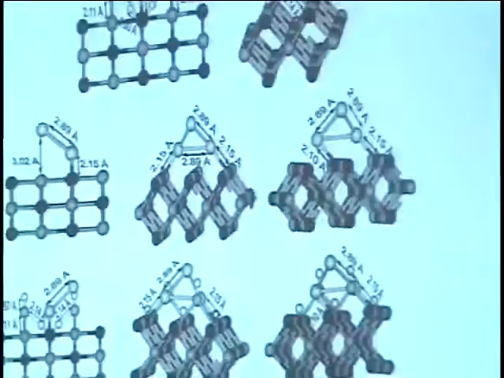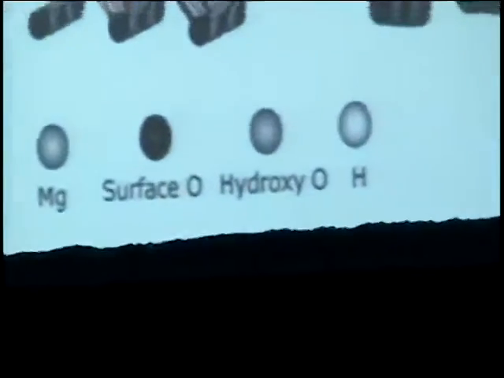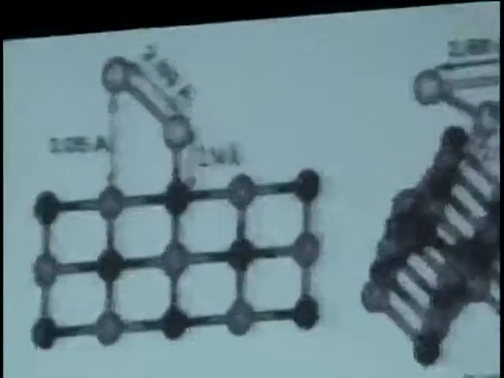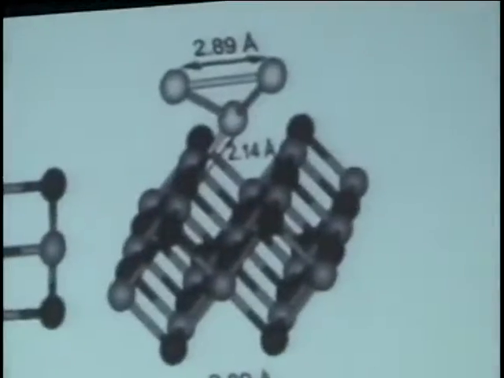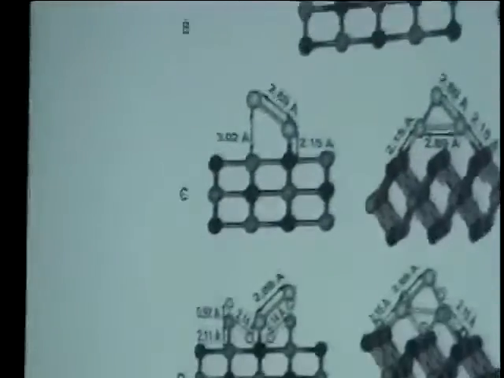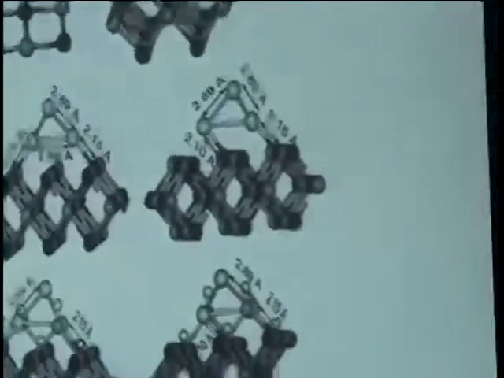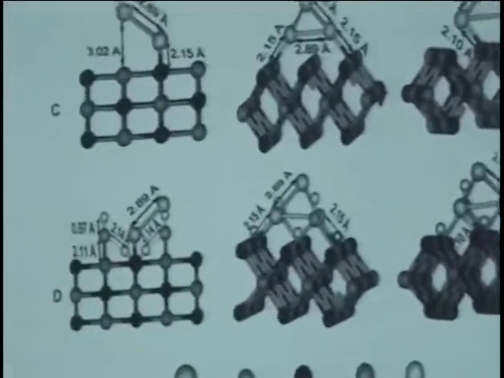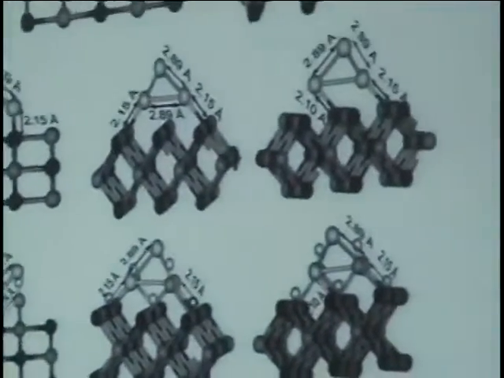So the structural models, the student did all the geometry. Thank goodness the student did it and I didn't. The student figured with this face of MgO, hydroxylated or non-hydroxylated, placing it with the osmium-osmium distance matching the experimental value.